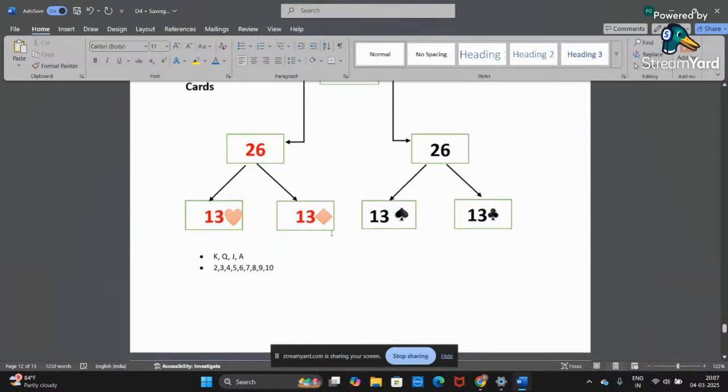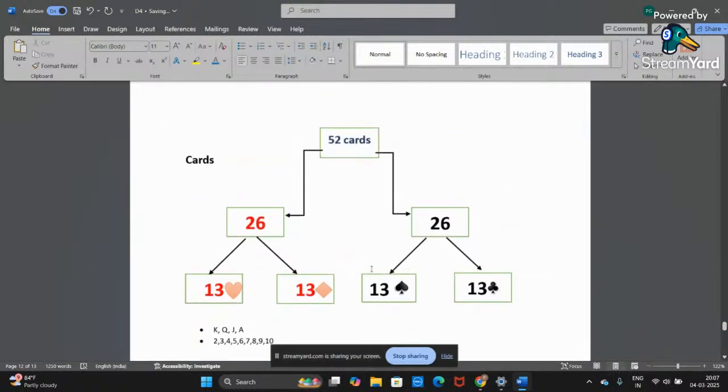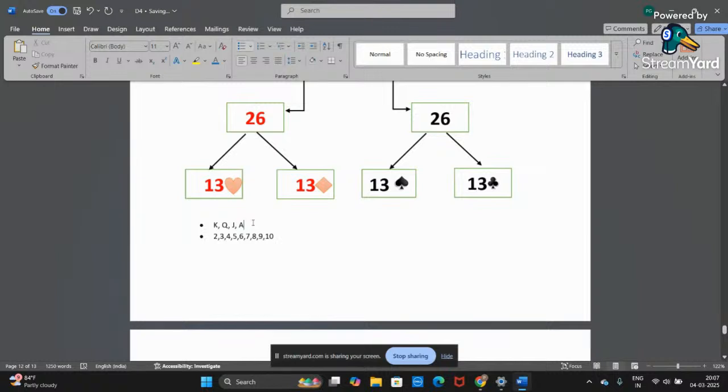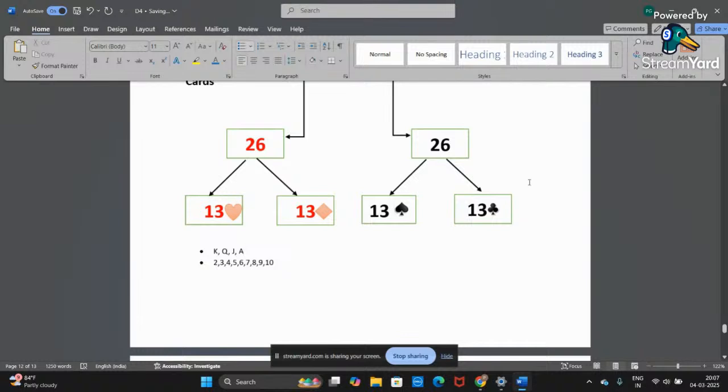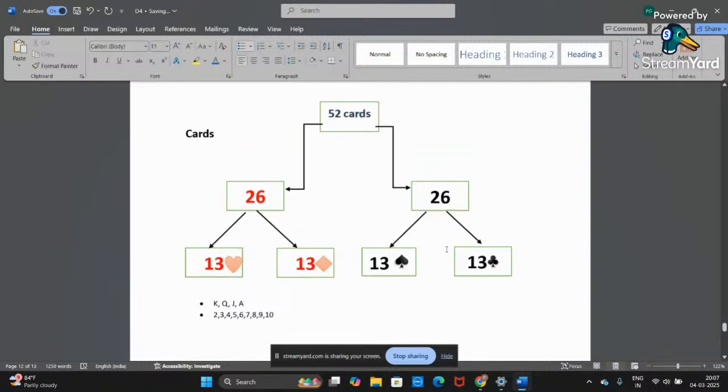These are the types of cards we have. In that we'll get king, queen, jack and ace, and numbers from 2 to 10. These are the cards we can find here. Okay, fine. That too in red and black. Just take a picture of this.